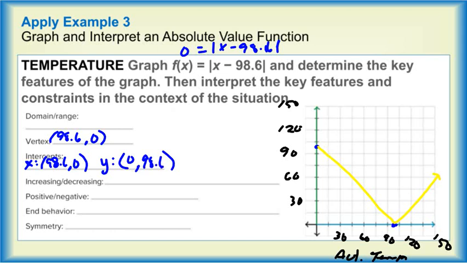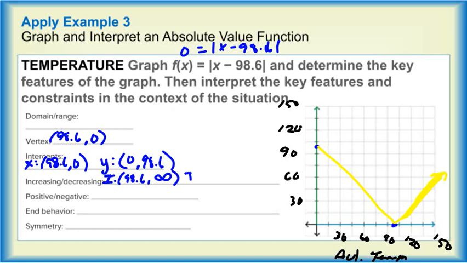When is this increasing and when is it decreasing? So we can say it's increasing. I'll use I for increasing. It's increasing when x is 98.6 to positive infinity. That would be designated by this bar over here.